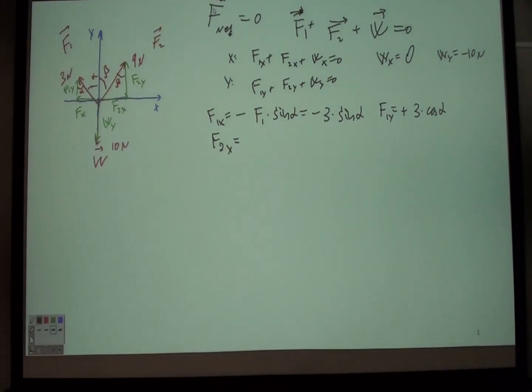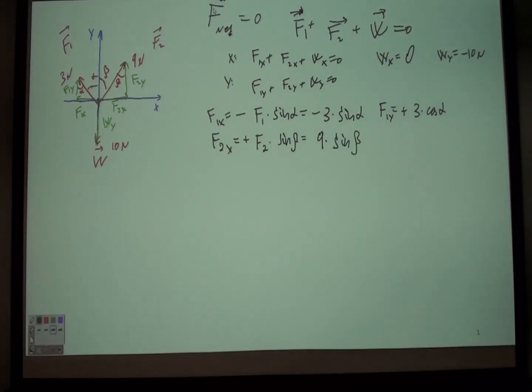Alright, finally, F2x is positive because it points in a positive x direction, opposite to the angle, so hypotenuse times sine of beta, or 9 times sine of beta. F2y equals positive, and it's adjacent, so hypotenuse times cosine of beta.